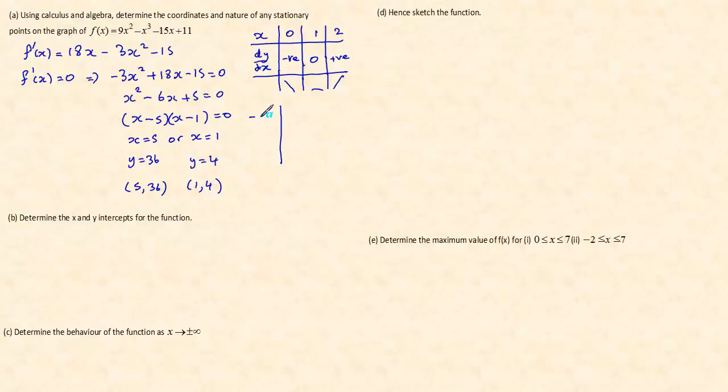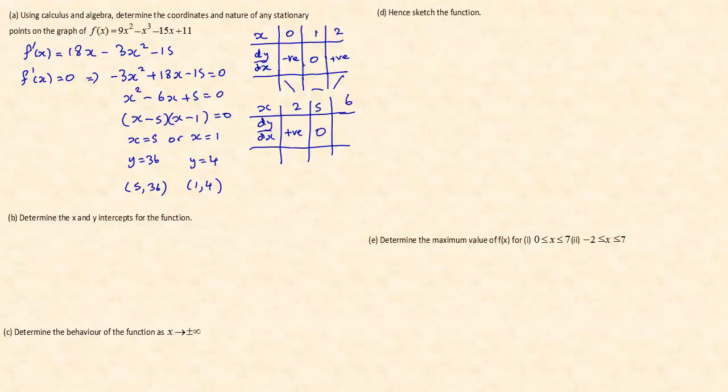And then if we do 5, we may as well use 2 as the one to the left since we've already done that. We'll go for 6, so dy/dx. So this is 0, we already know this one is positive.